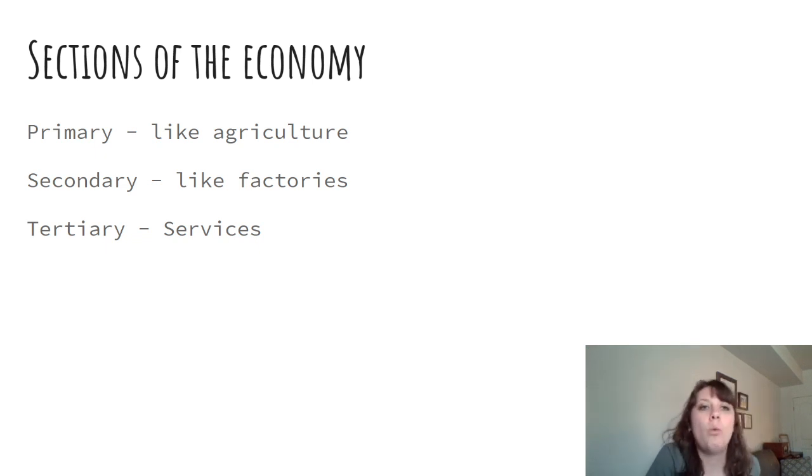Tertiary is where we see more services, so people working in retail stores, cashiers, customer service, stuff like that. So they are providing a service. Bank tellers, right? That's a service. That's tertiary. Teachers, that's a service.